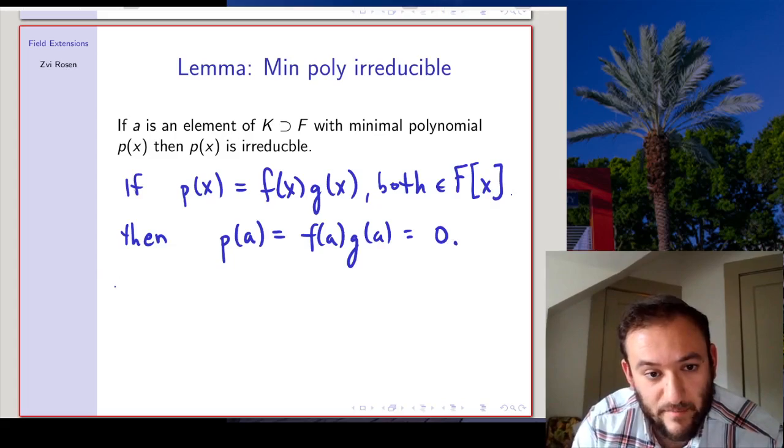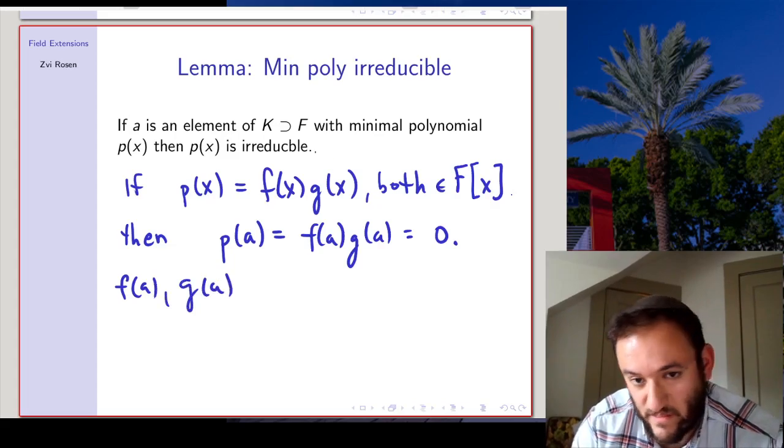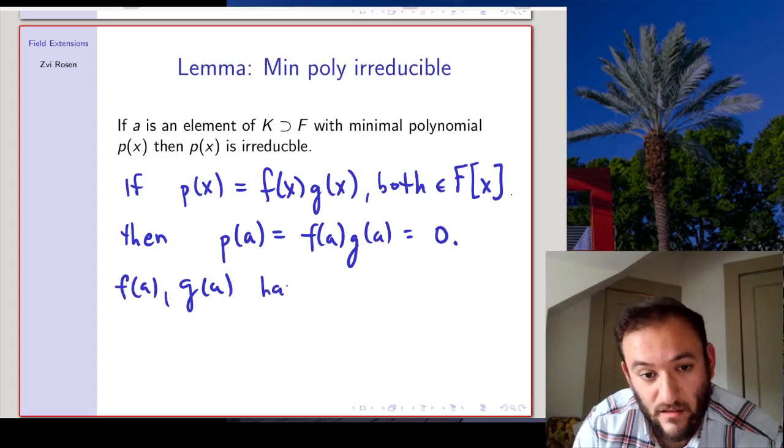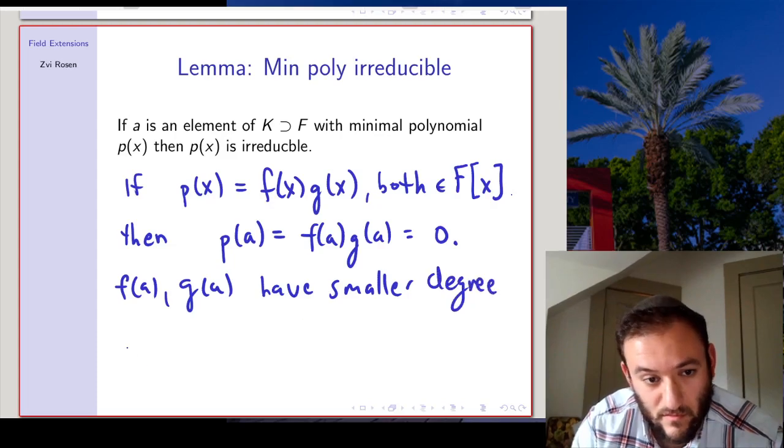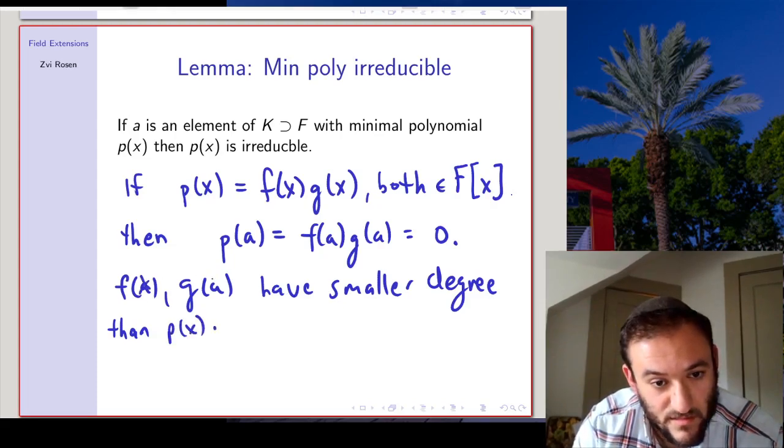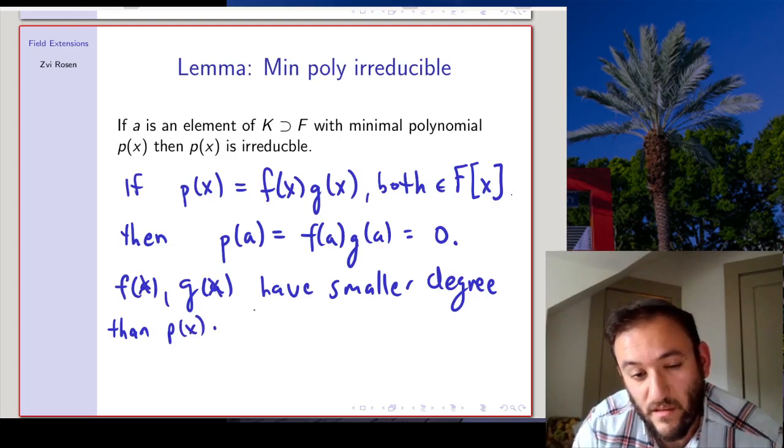But f(a) and g(a), if this is a true factorization, will have smaller degree than P. Let's call these f(x) and g(x).